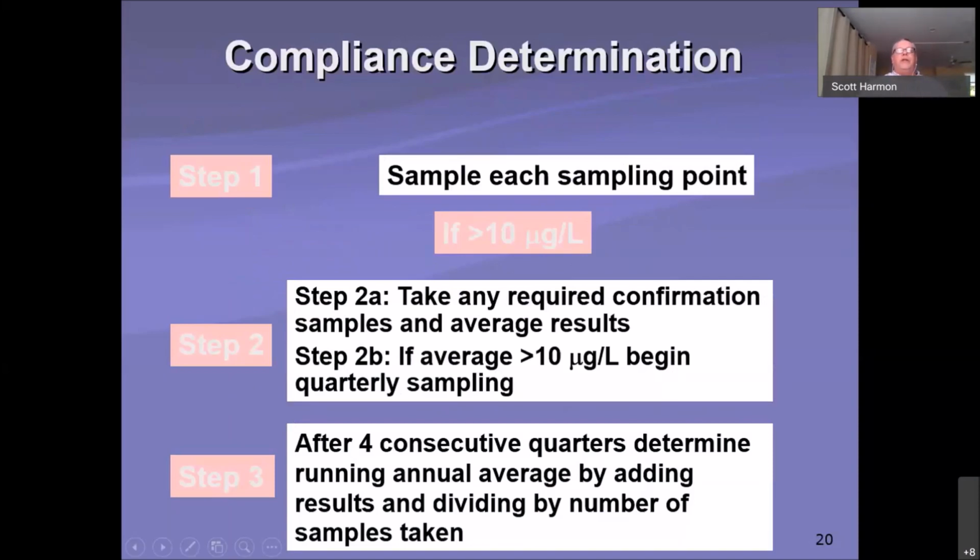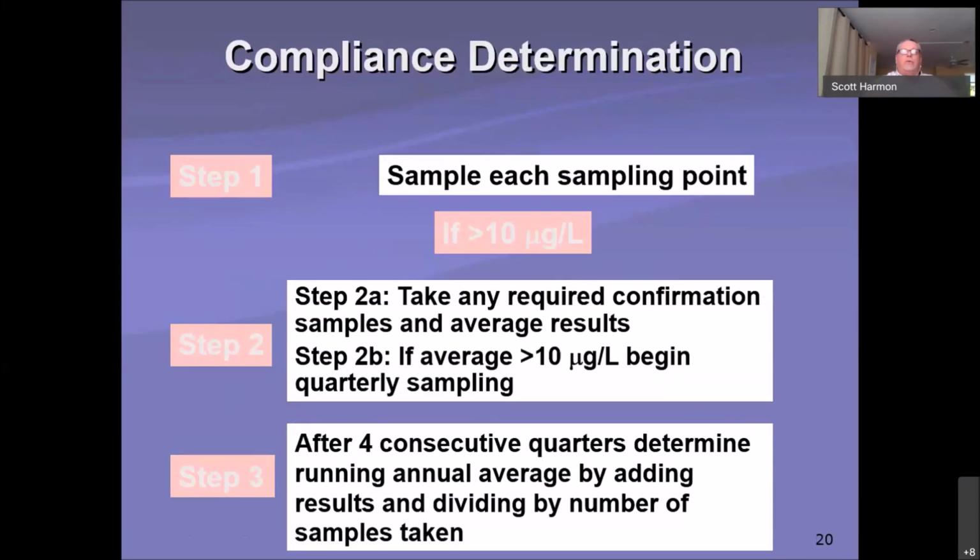So here's the compliance determination as specified. They had sampling at each sampling point. So you can follow along, step one: if it was under that 10 parts, or above, it would require a confirmation sample and an average of the results. Step 2B, if the average is less than 10 parts per billion, you had to begin quarterly sampling.